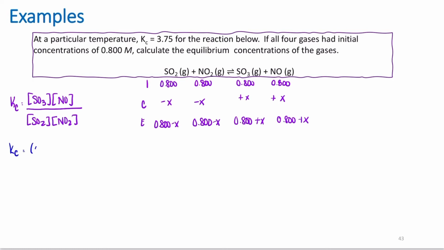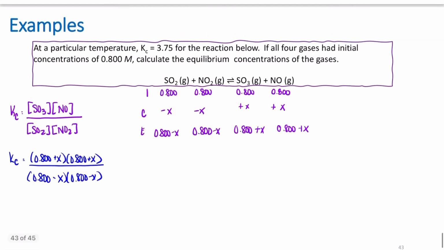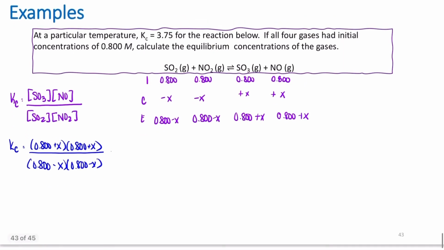Kc is equal to 0.800 plus x times 0.800 plus x, those should be plus x because they're products, divided by 0.800 minus x times 0.800 minus x, and this equals 3.75.